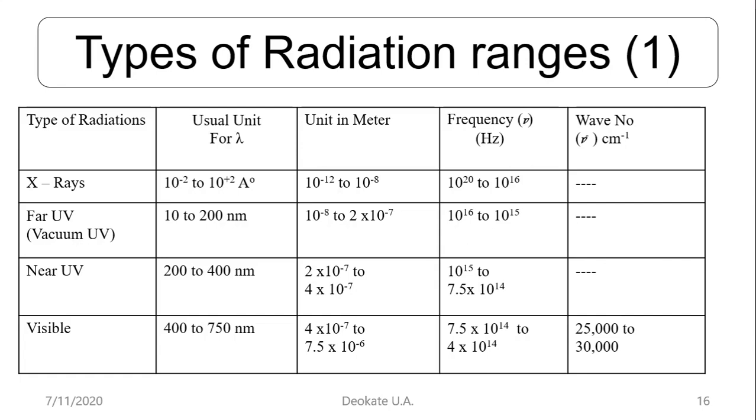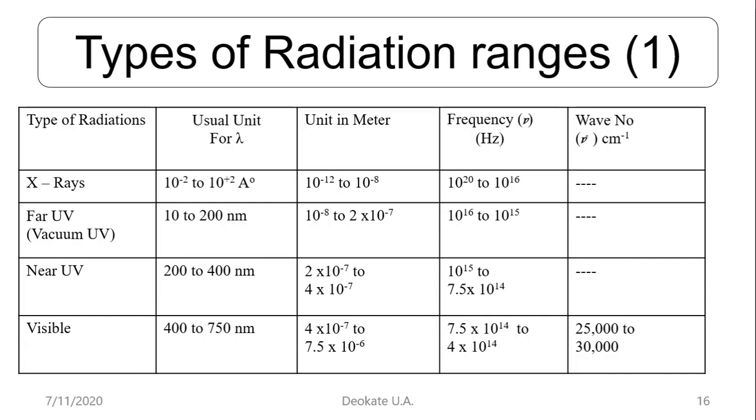Their usual unit, we count in terms of angstrom, 10 raised to minus 2 to 10 raised to plus 2 angstrom. We can consider this in the unit of meter, to keep continuity of this electromagnetic radiation. It is 10 raised to minus 12 to 10 raised to minus 8 meters.